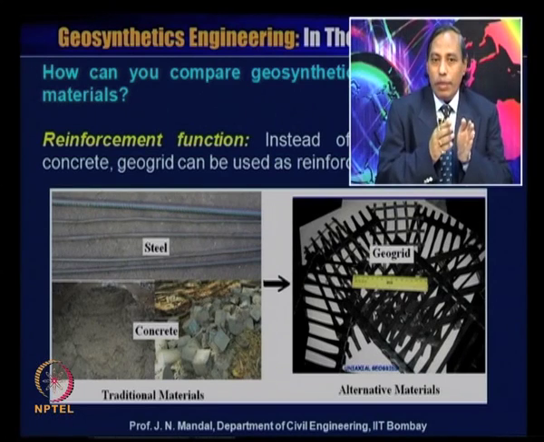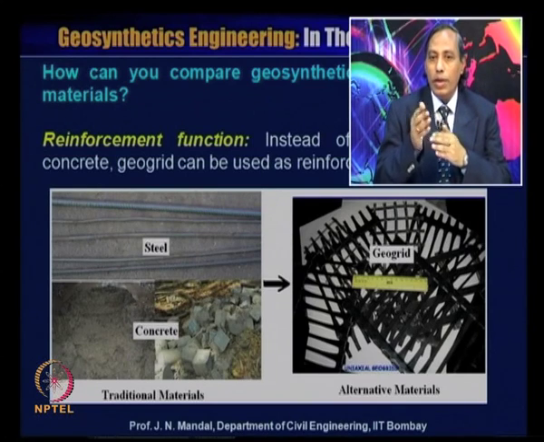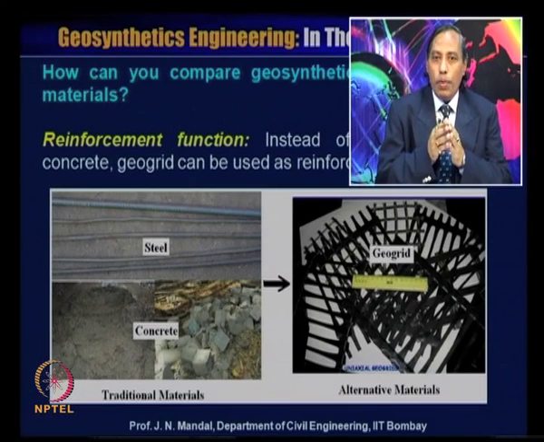So as an alternative to this traditional material, we can use the Geogrid material. Both materials act as reinforcement. We talked earlier about how the design is based on the reinforcement function. So instead of using steel and concrete, Geogrid can be used as reinforcement.